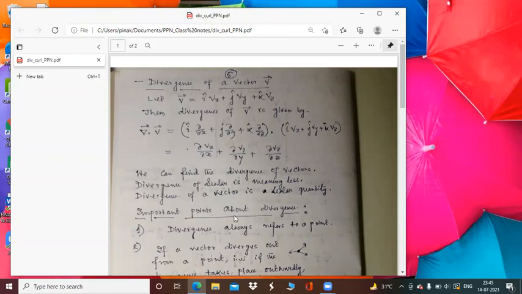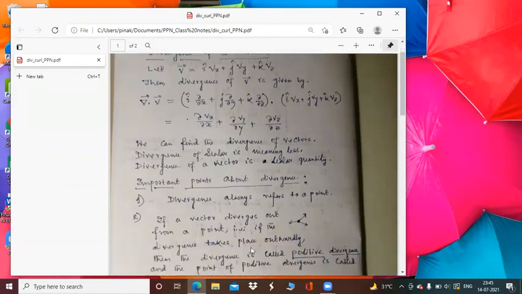Now some important points about divergence. Number one, divergence always refers to a point. Number two, if a vector diverges out from a point, for example, refer to this figure.